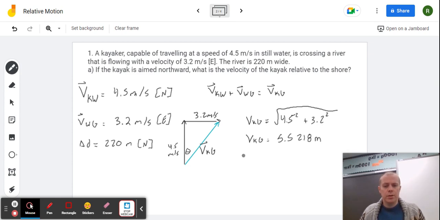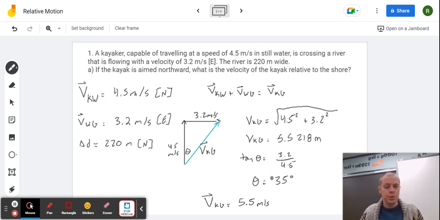So tan theta is going to be 3.2 over 4.5. If we run that through, we get that theta is 35 degrees. So the velocity of the kayak with respect to the ground is 5.5 meters per second.